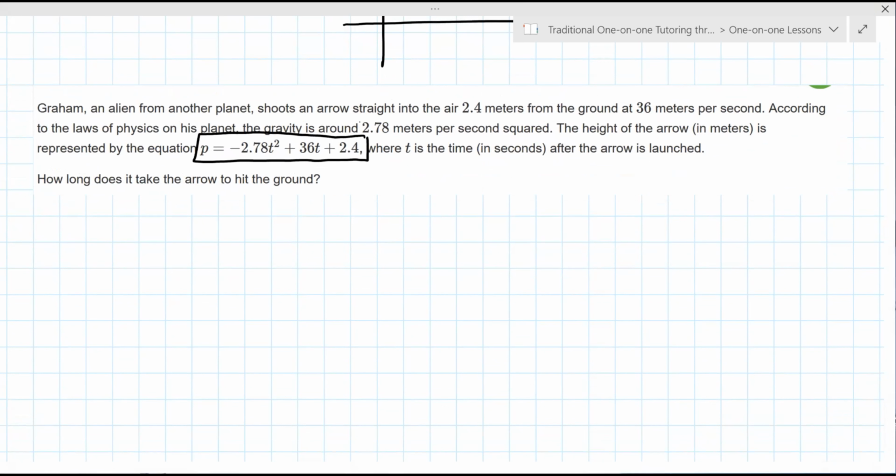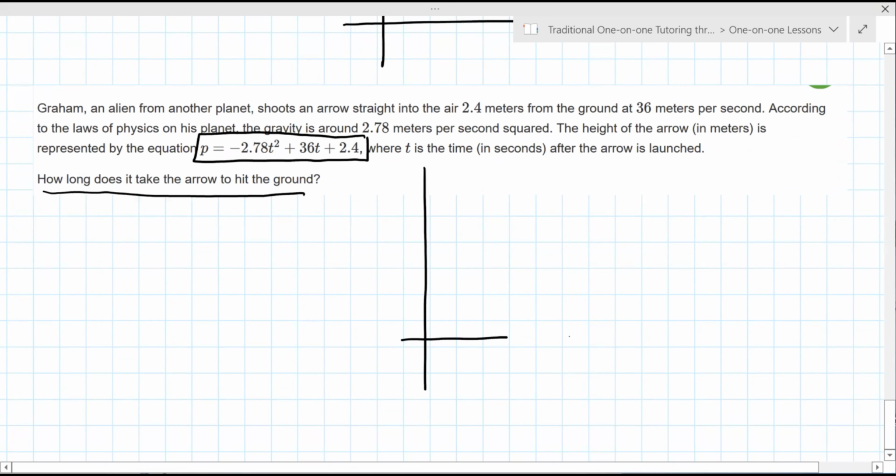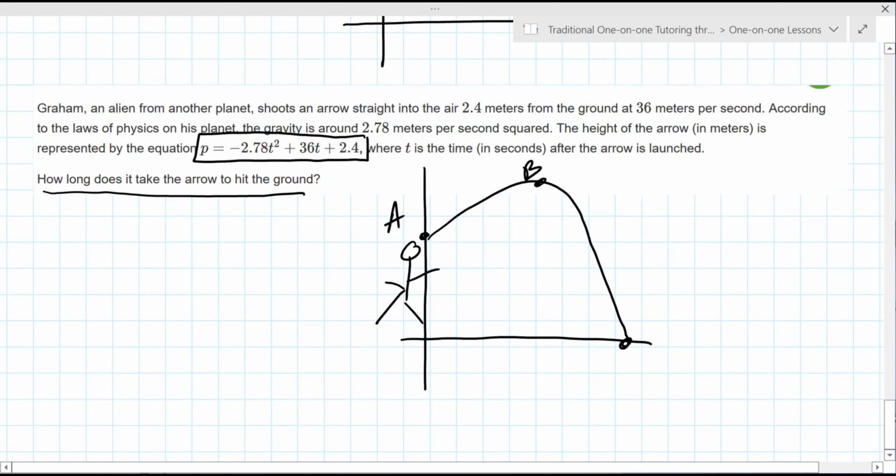All right, so here again, you got another equation. Don't focus too much on the words. This time it wants to know how long does it take the arrow to hit the ground. So you can visualize yourself firing an arrow like that. Are we interested in A, B, or C in this problem? C. C, exactly.